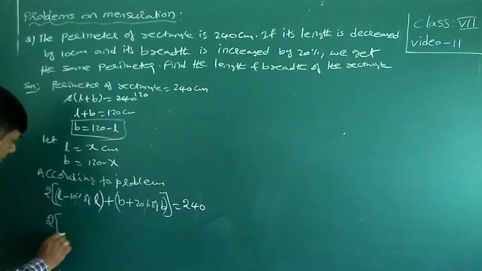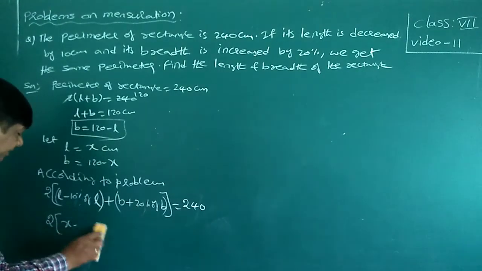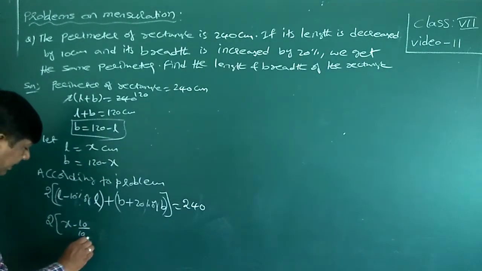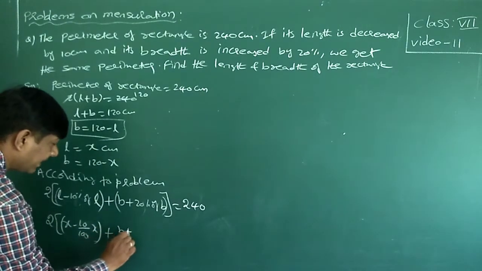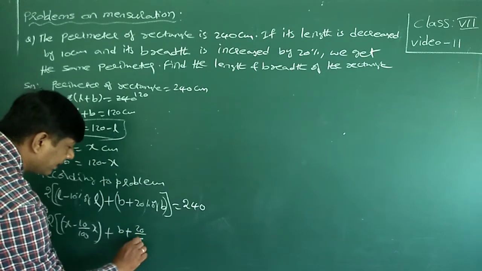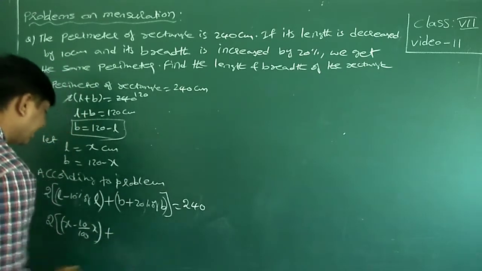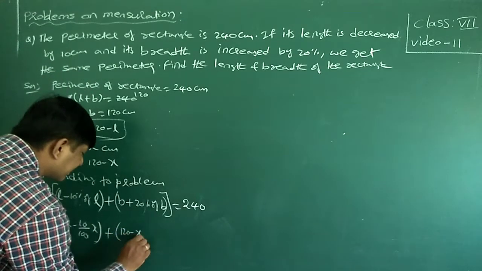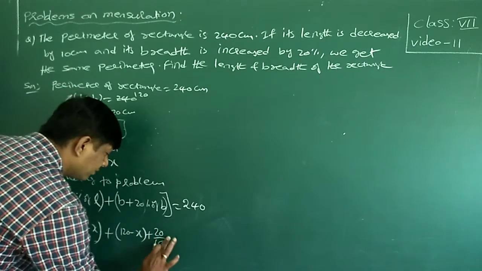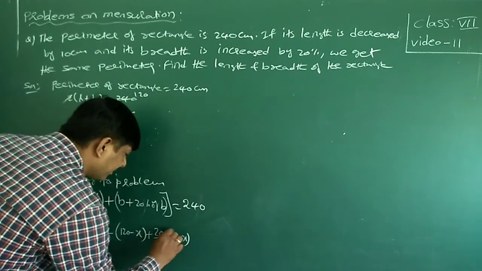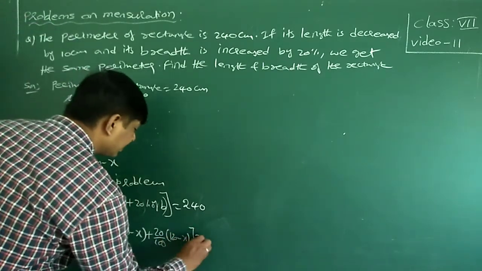Means 2 into (x minus 10% of x, where 10% of x means 10 by 100 into x, plus B plus 20 by 100 into B). What is B here? B is nothing but 120 minus x. So plus 20 by 100 into (120 minus x) is equal to 240.